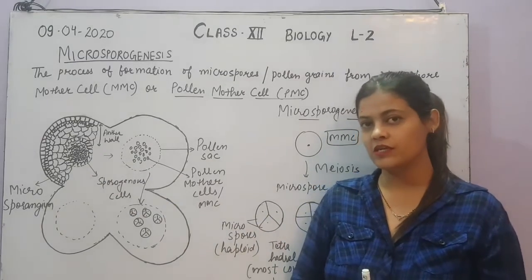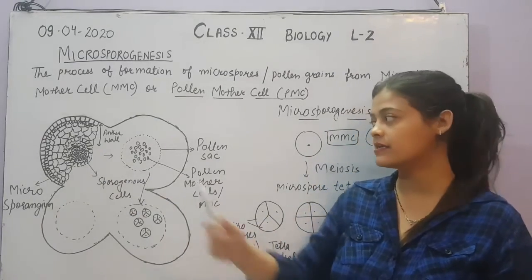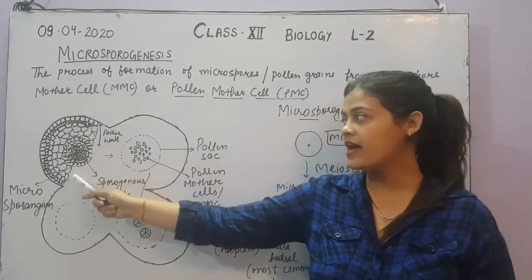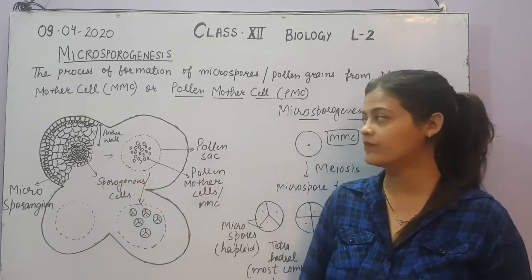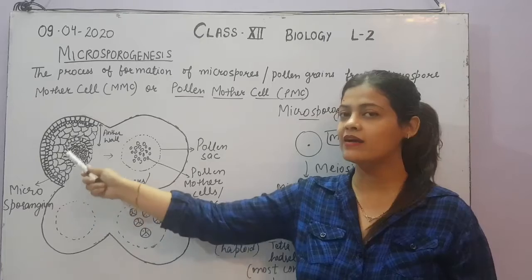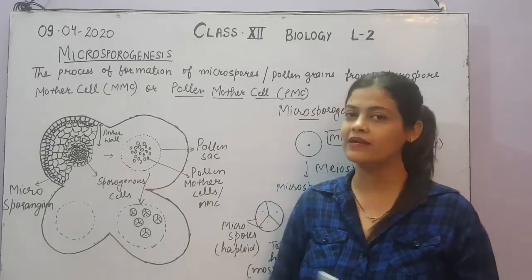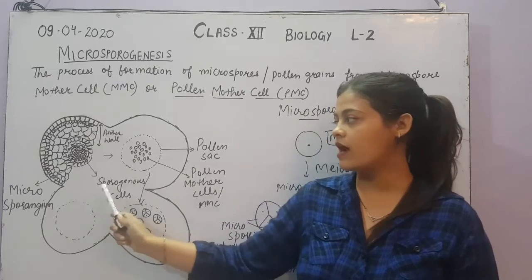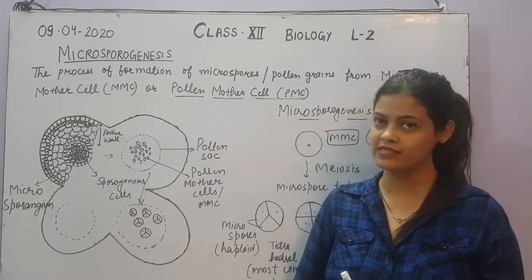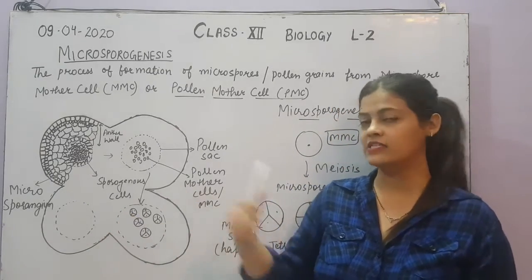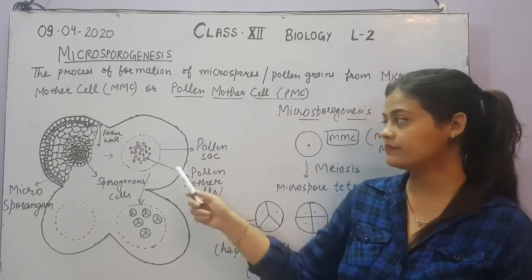Before maturation, like before dehiscence, the anther has this microsporangium which is covered by a layer of tapetum, and in the center these compactly arranged cells are called sporogenous cells, as we discussed yesterday.